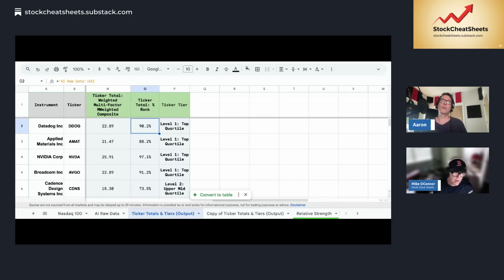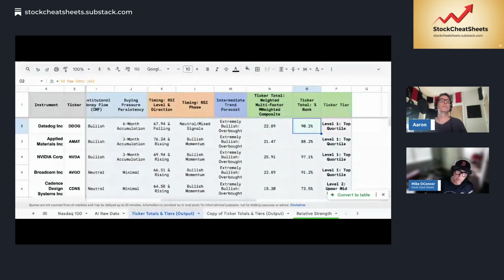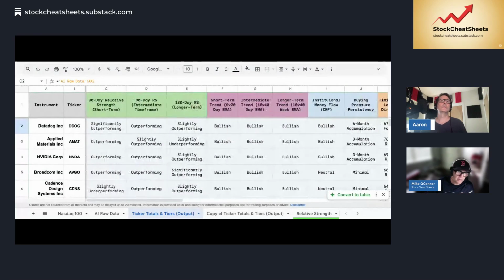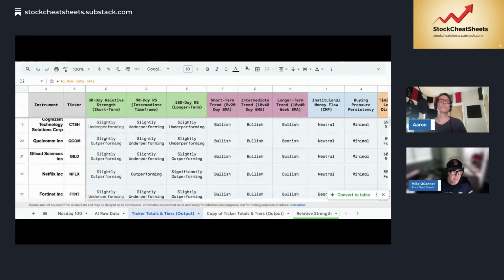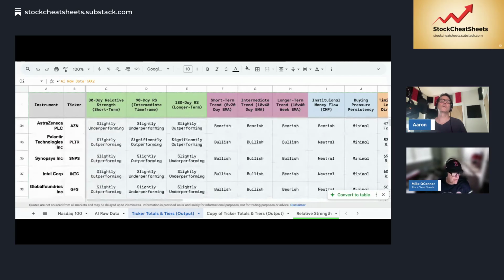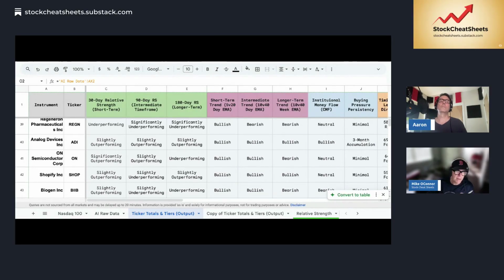So the nice thing about having this expanded set of data variables that I'm going to walk you through now is that we're able to do more analysis on these 100 stocks because everybody's got a different time frame or places a different emphasis on metrics than even I do.